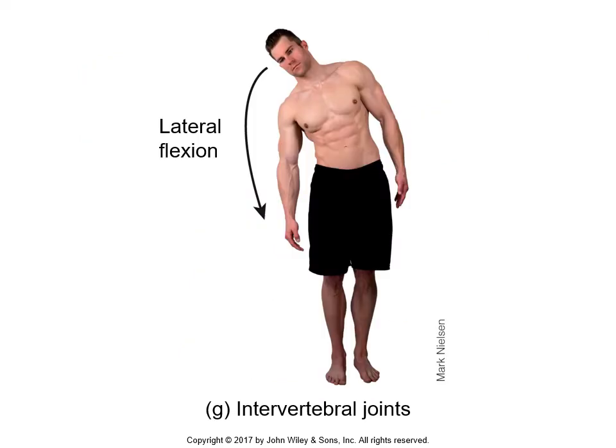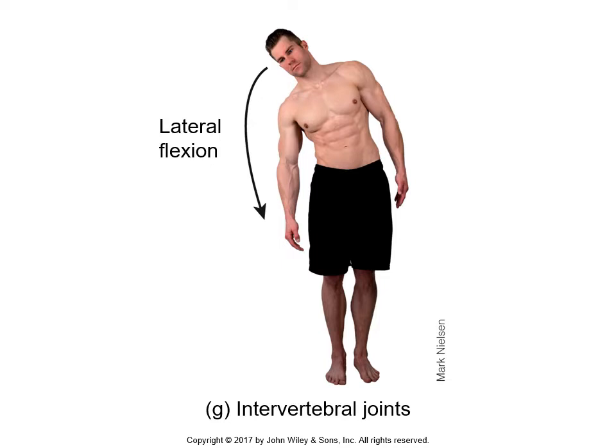Now, the intervertebral joints, because there are 24 plus intervertebral joints, you're able to bend side to side. Same thing with the neck, the torso, the lower back. You can actually bend side to side.